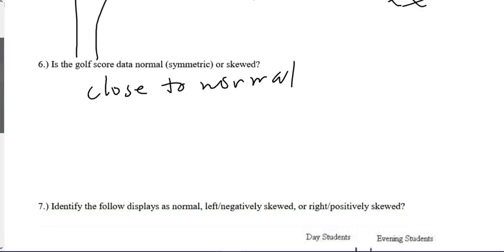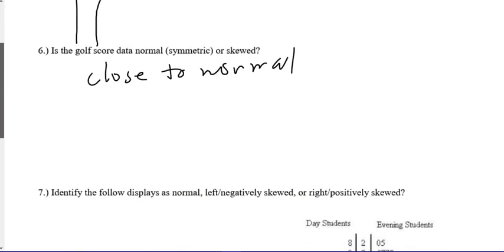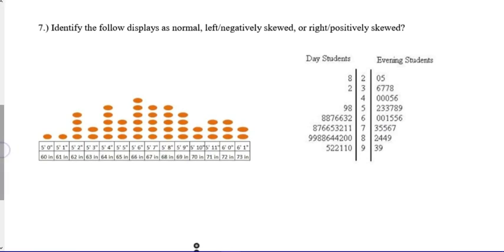If we're going to call something skewed, we want to see kind of a dramatic amount. Okay, so we look for normal, left skewed, or right skewed. So if you look at this, it's not perfect, but that's pretty normal.